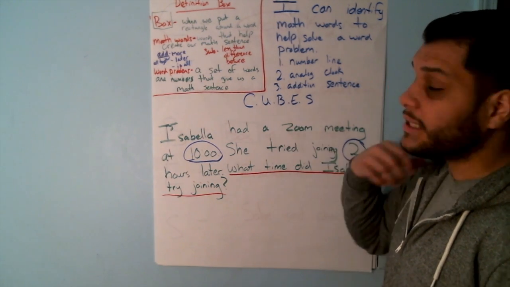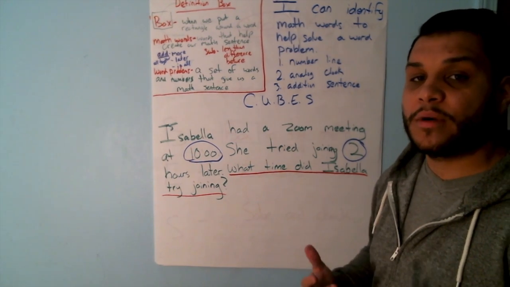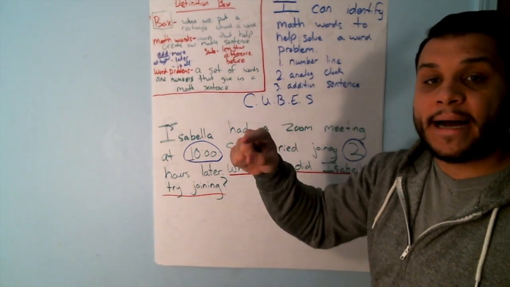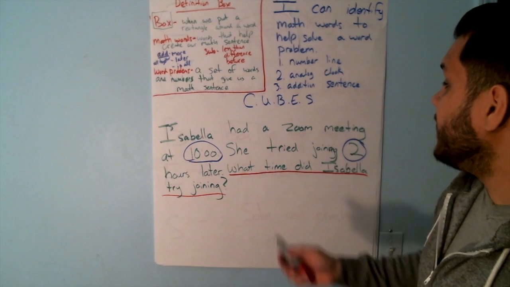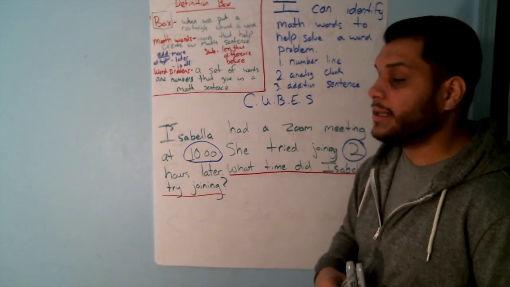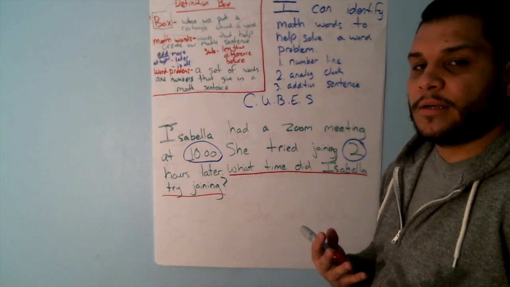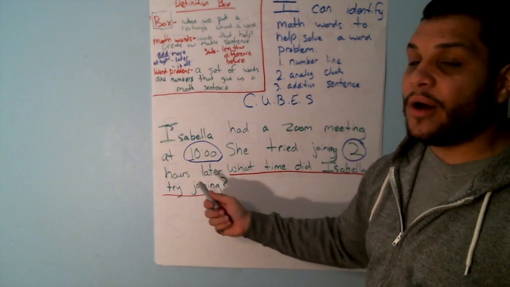So the question is asking, what time did Isabella try joining? Today we are focusing in on B, which is box in our math word. Say it with me, box it in. So let's look around. Isabella had a Zoom meeting at 10 o'clock. Anything there that lets me know any math words? Nope. She tried joining 2 hours later.